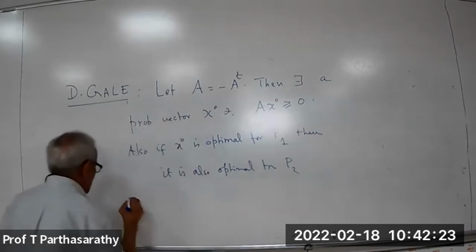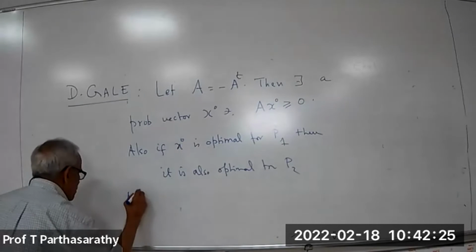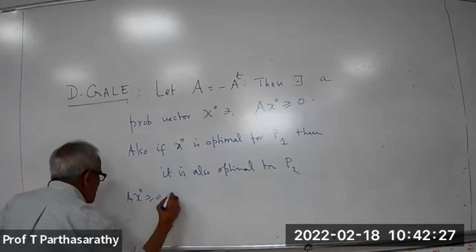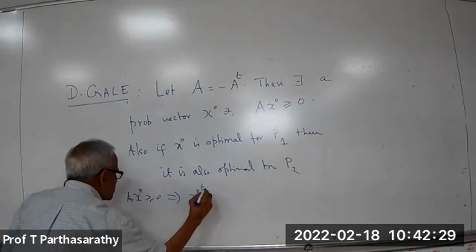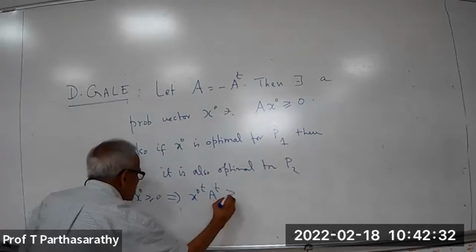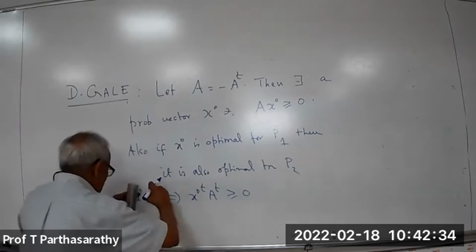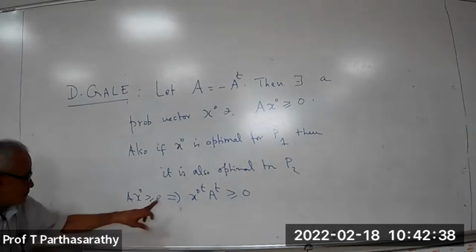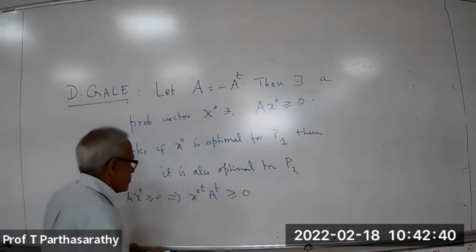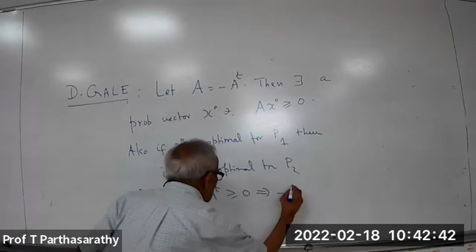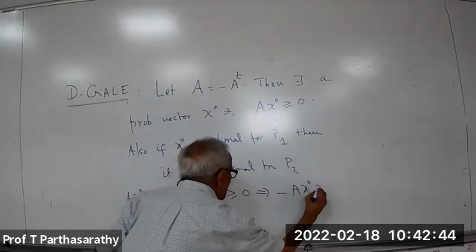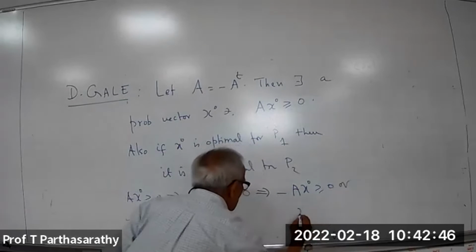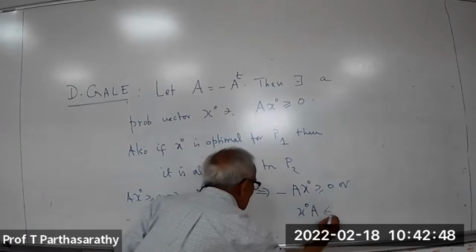Suppose this happens, A x naught is greater than or equal to 0. This implies x naught transpose A transpose is greater than or equal to 0. Of course, instead of a column vector, it is going to be a row vector. But A transpose is minus A. This implies minus A x naught is greater than or equal to 0, or x naught A is less than or equal to 0.